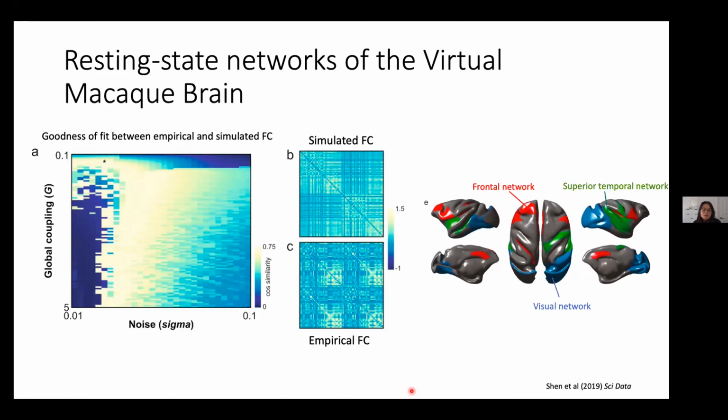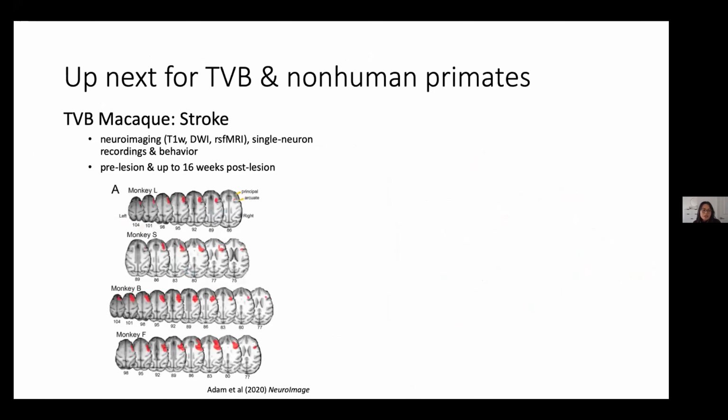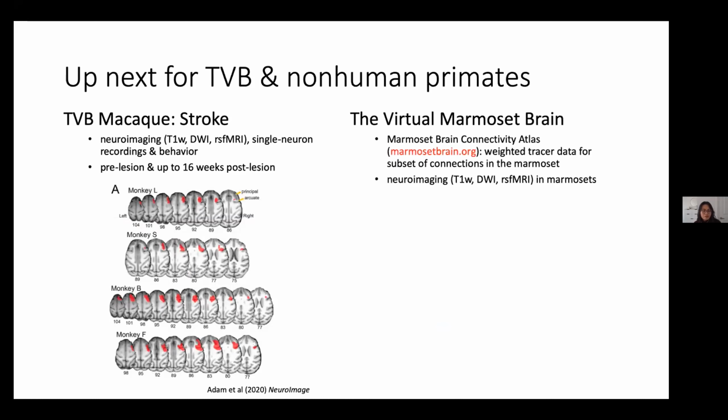Right. So I'll just end here by sharing what is up next for the macaque TVB branch, and also more generally the non-human primate branch. One is the TVB macaque stroke model. So we have a set of macaque data in both neuroimaging and Utah array recordings following stroke or lesions in macaque. What I'm really excited about also is the virtual marmoset brain.